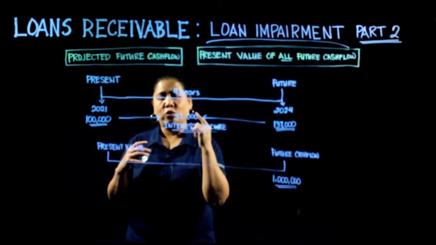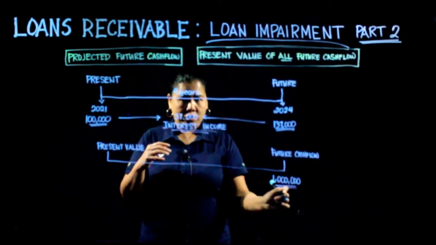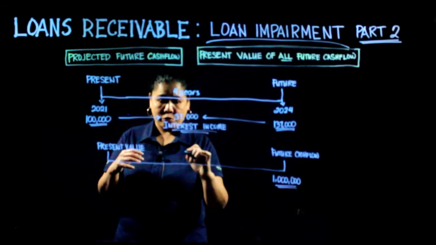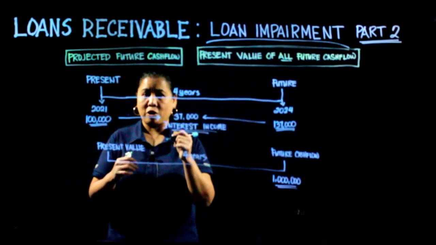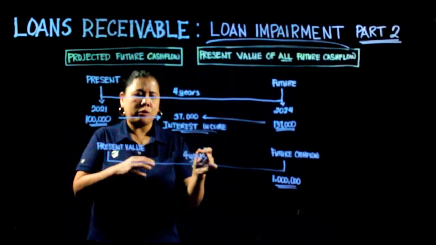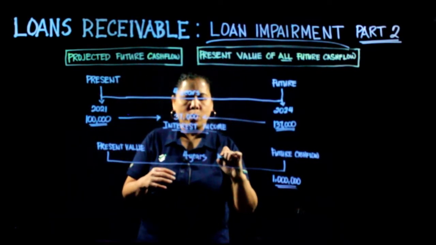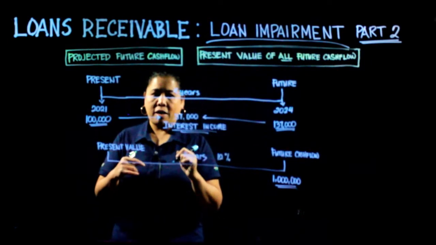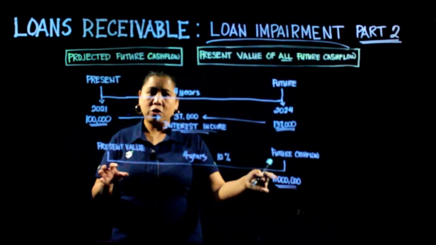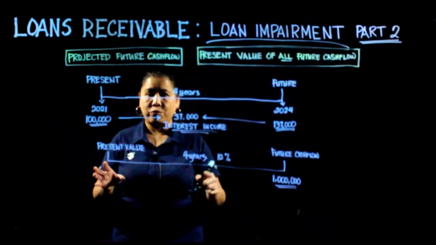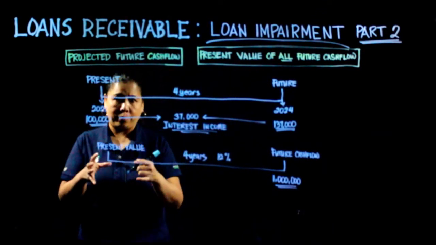Magkano ang kasalukuyang halaga ng 1,000,000 na tatanggapin mo after 4 years? Diyan pumapasok ang present value factor. Let's say, for example, itong 4 na taon, merong 12% na interest. So, magkano ang present value ng 1,000,000 na tatanggapin mo after 4 years sa 2021?